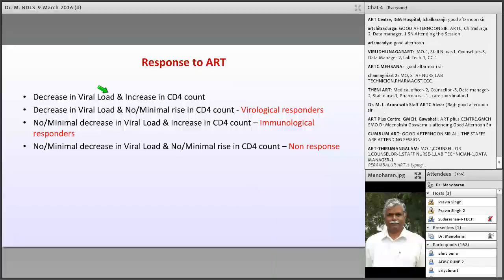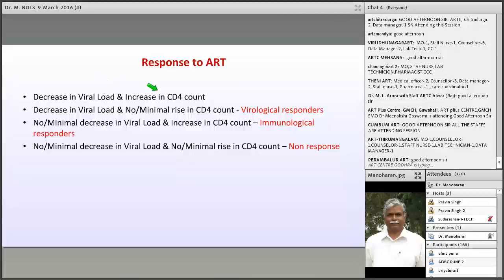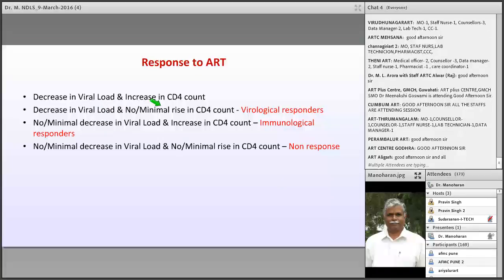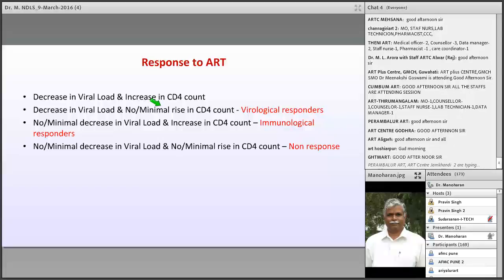In the majority of patients, the moment you start antiretroviral drugs, there is a decrease in viral load to undetectable level, and also an increase in CD4 count as we described using the previous slide. The next response is that the viral load may decrease to undetectable level, but there may not be any rise in CD4 count, or if at all there is a rise, there is only a minimal rise in CD4 count. So these people are called virological responders.